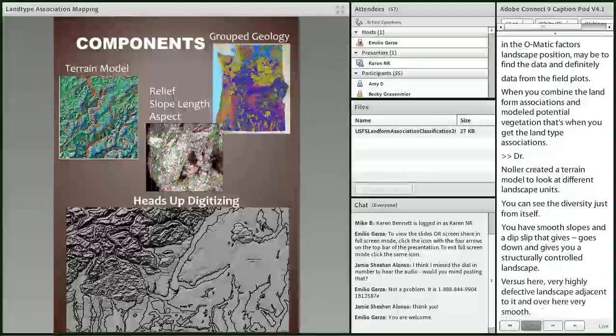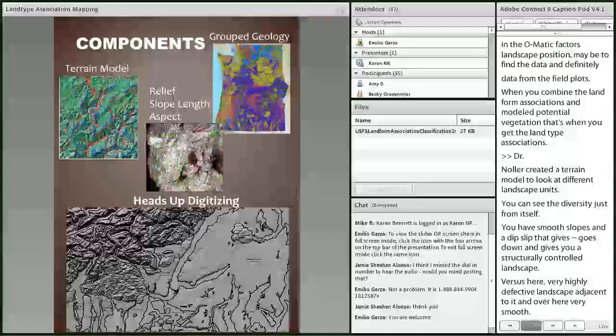Then we used some morphometrics, some relief, aspect, slope length to look at, are we in high mountains, are we in low mountains? It helped us differentiate some of the landscapes. And then we looked at grouped geology. The geology map in the raw is very complex, and so we grouped it into 9 different geologic units that are based on whether it's erodible geology or really hard rock or recent sediments that would tell you how that landscape would react.